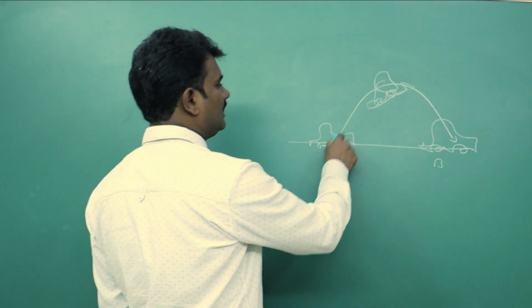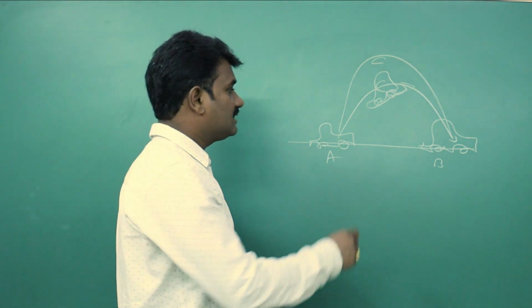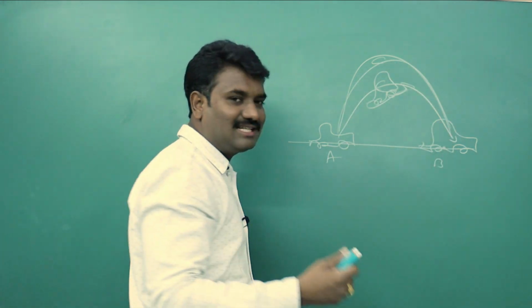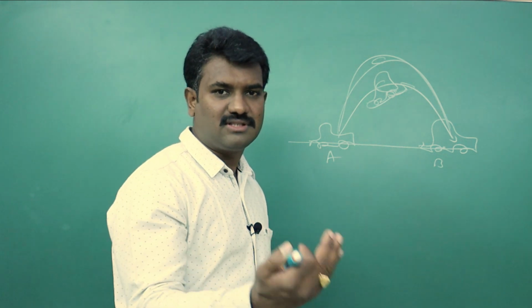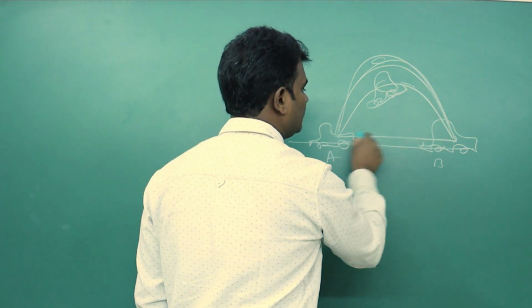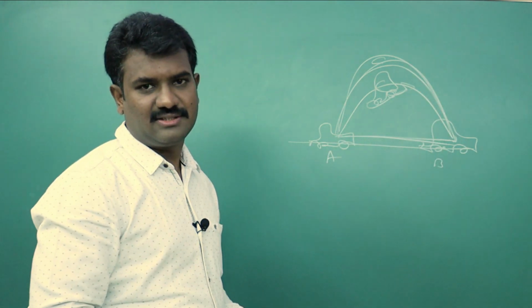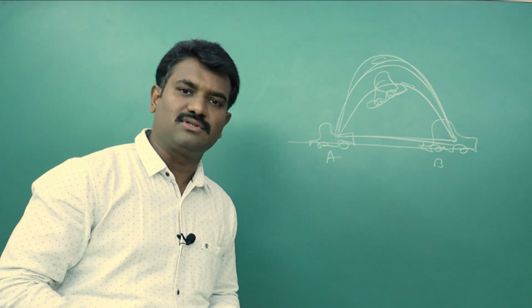Yes, in the ACB case more force is required, because here we have to do work against the friction, the opposing force. Friction means the force which opposes the motion. So here we have to do more work than in the straight A to B case. So that's why this is called a non-conservative force.